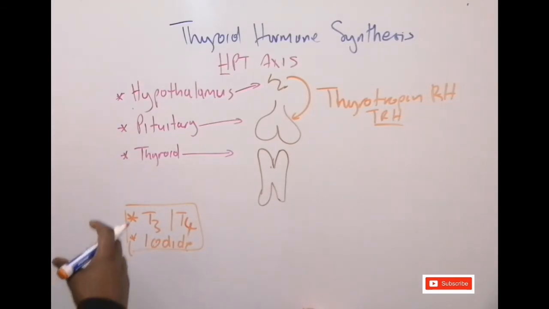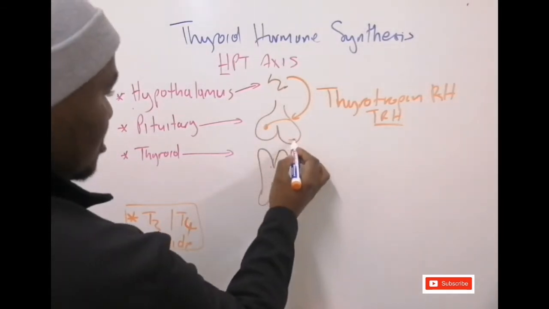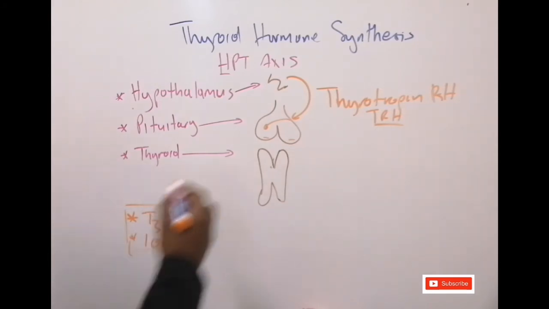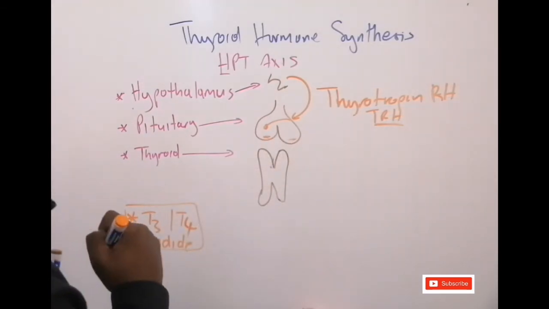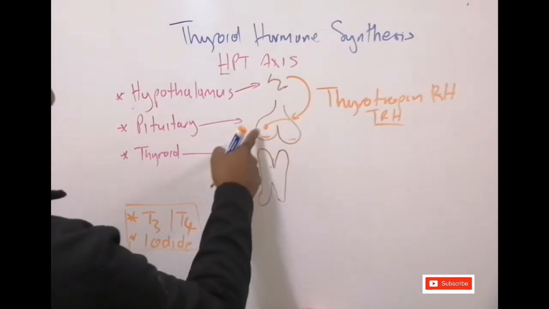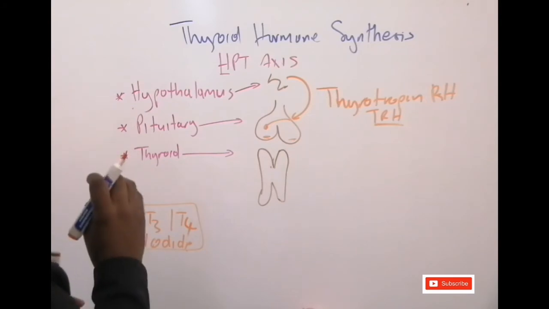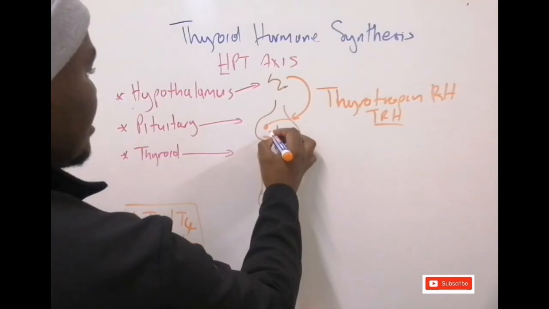So that thyrotropin releasing hormone will be sent to the anterior pituitary. If this is our posterior, then this is our anterior pituitary gland. The adenohypophysis, or the pituitary, has two lobes, the anterior lobe and the posterior lobe. The thyrotropin releasing hormone will come to the anterior pituitary and stimulate a certain group of cells called thyrotrophs.